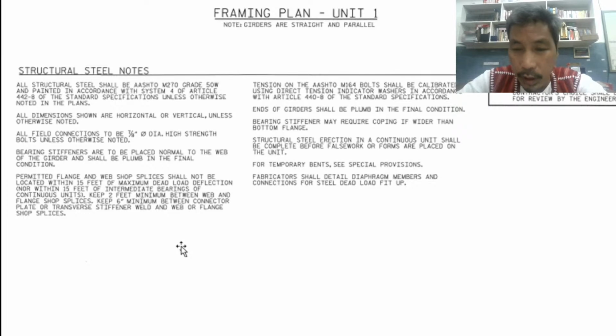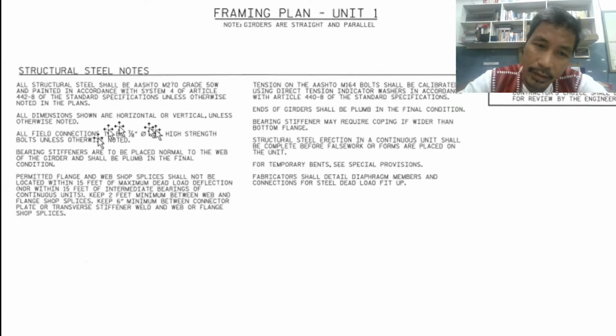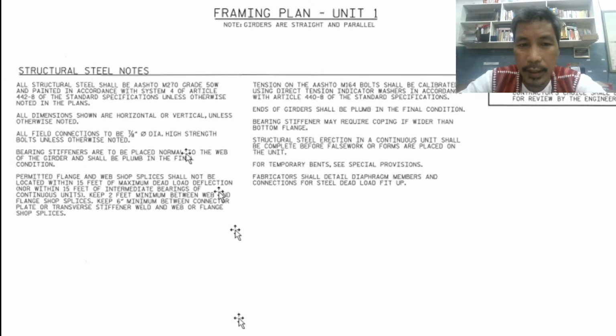We will tackle it once in a while. So this System 4 of Article 442B could be replaced by the Department Order number of our DPWH. You can replace it and localize its application.